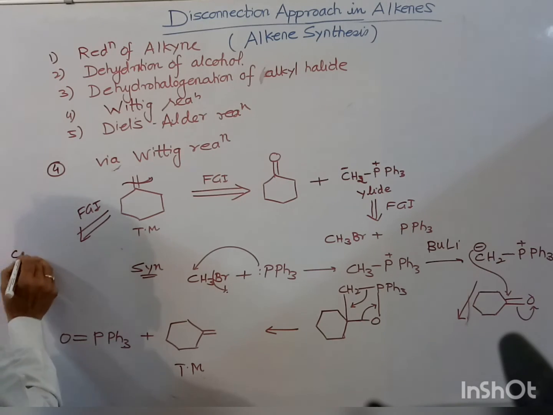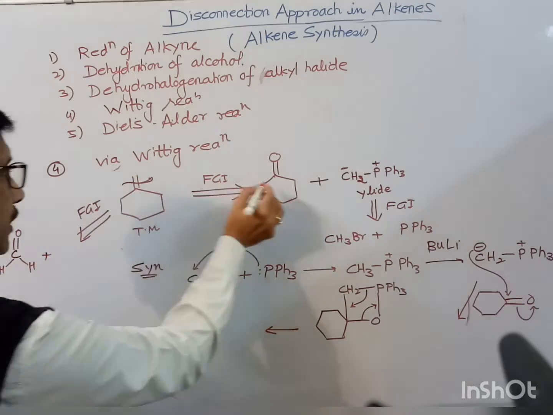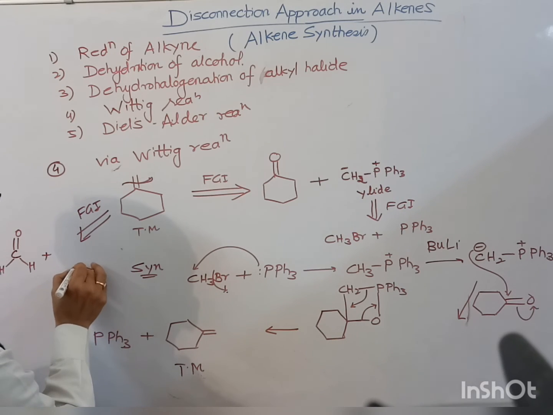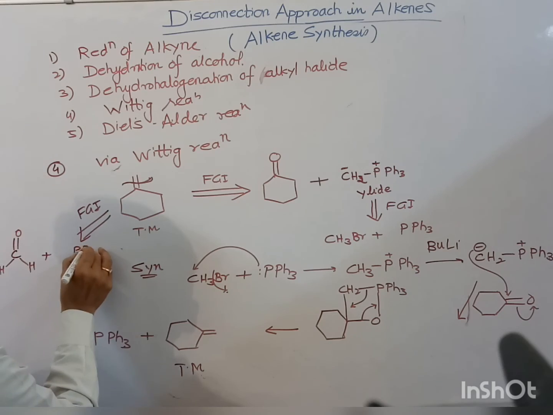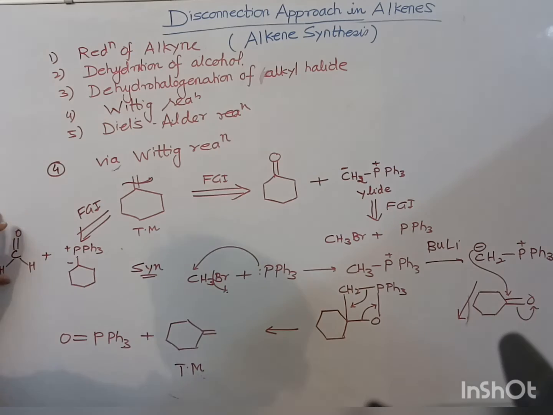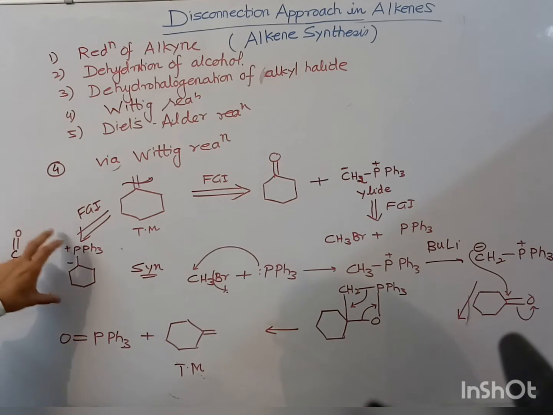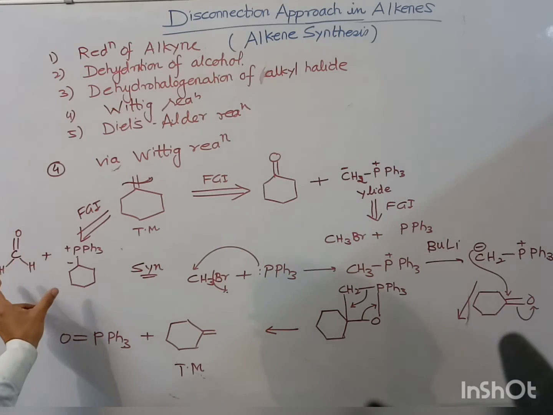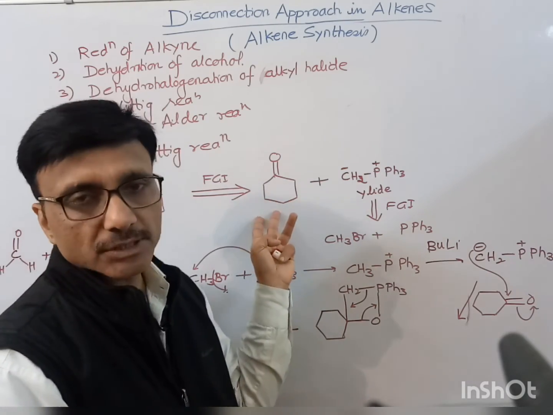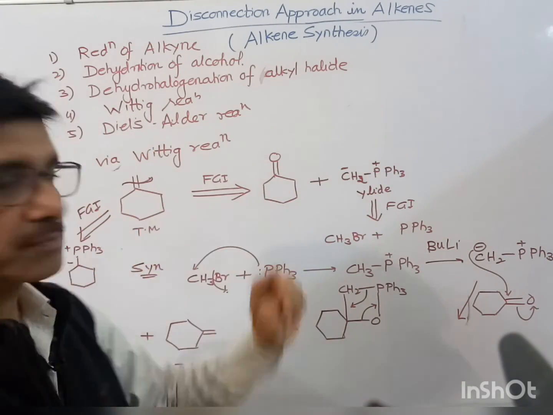So you may also get the formaldehyde plus another ylide. But using this formaldehyde and this ylide is not a very workable reagent choice. So it is better to convert into the cyclohexanone, which is easily available and solid in nature. That's why we will follow this path.